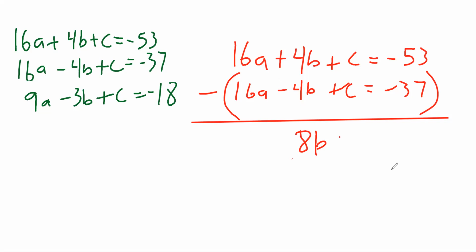That's all good stuff. And then it looks like you have negative 53 minus negative 37. So that becomes negative 53 plus 37. We know that's certainly going to stay negative because adding 37 is not going to be enough to pull it out of being negative. And it looks like that value will be -16.